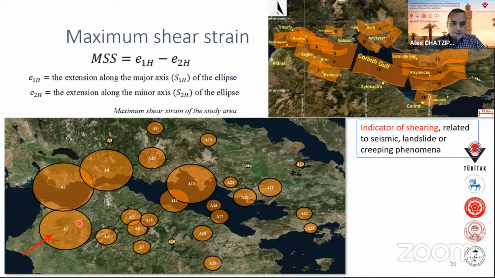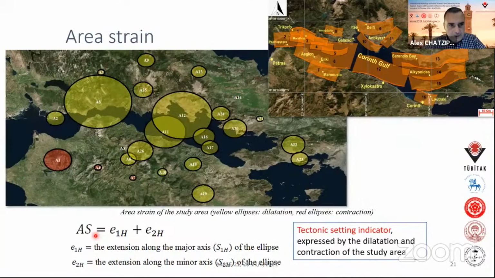The reason that this area shows such a large shear strain is because in 2008 a strong earthquake happened and caused the deformation of this area, despite no fault reaching the surface. Up to then, there was no known fault that reached the surface. Again, the area strain is consistent with the maximum extension in these areas, but also you see here the area strain that corresponds to this event.